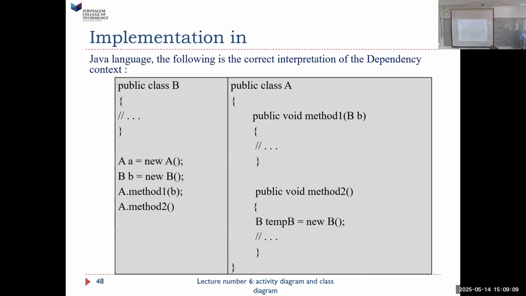Okay, so here's some code for that. You have class A, and in its method, it has something of type B. Or in its method, not in the parameter list, it actually creates an instance of type B and uses it. So that's dependency.